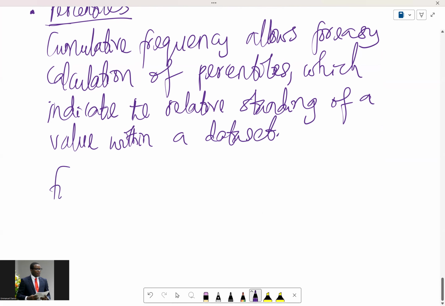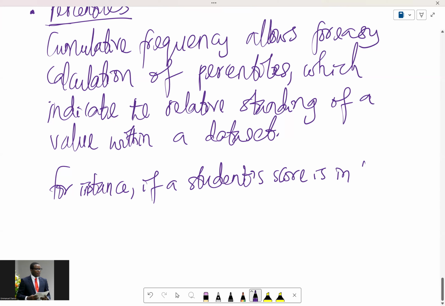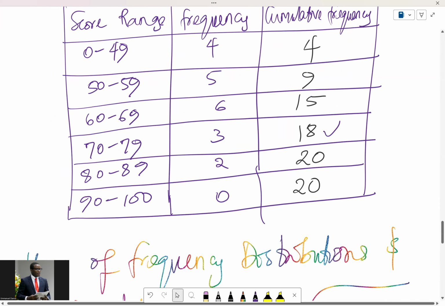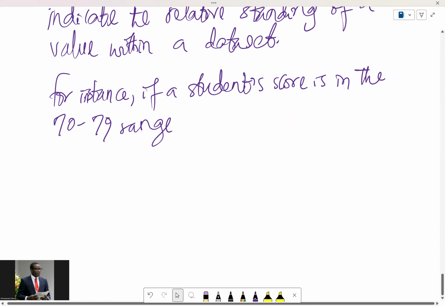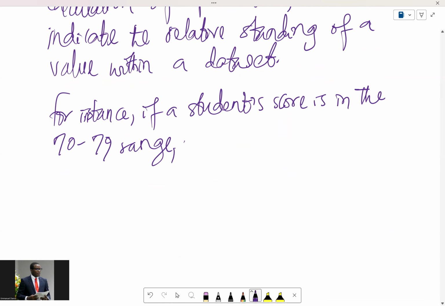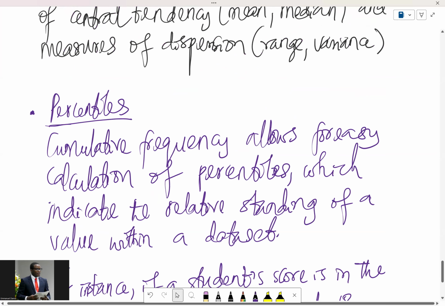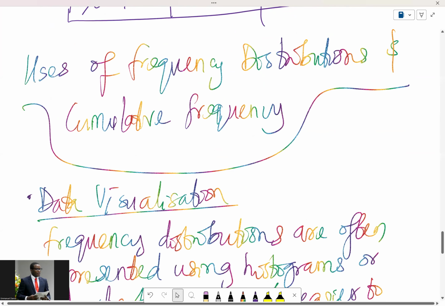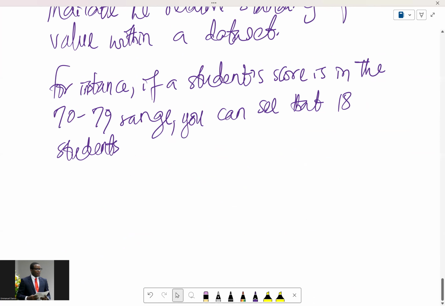For instance, if a student's score is in the 70 to 79 range, I mean, that's referring to this case now, you can see that 15 students, that should be 15, not 18 now.